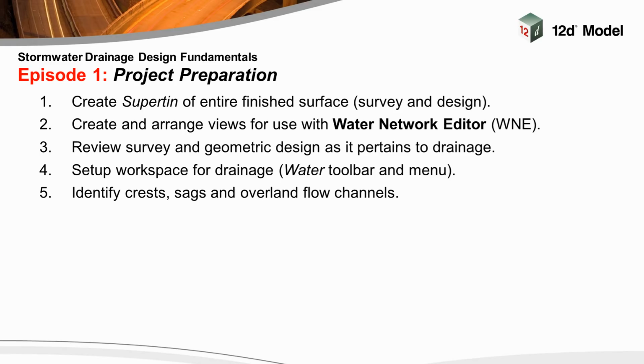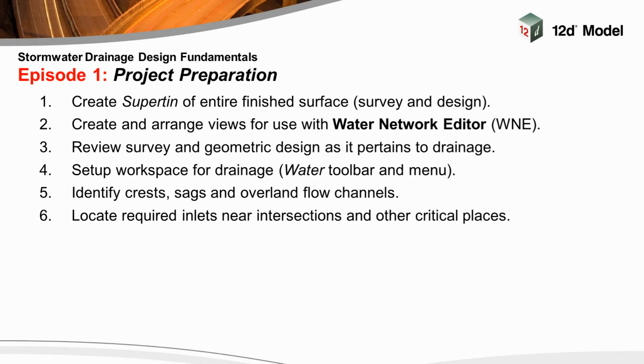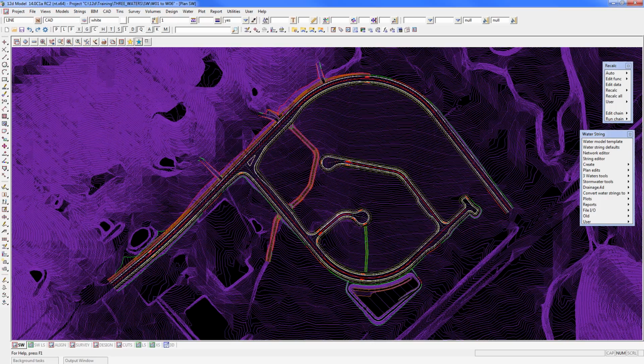Moving on to step 6 of the project preparation, we want to locate required inlets near intersections and other critical places. So we've already located the crests and sags, which are very critical locations, but there's normally other places on a job that you need to have inlets as well. Typically there's around intersections, on the upstream end of intersections certainly, and possibly other places like near pedestrian crossings or bus bays and things like that.